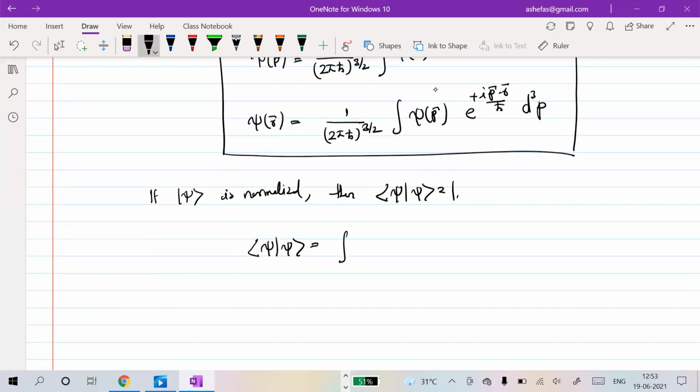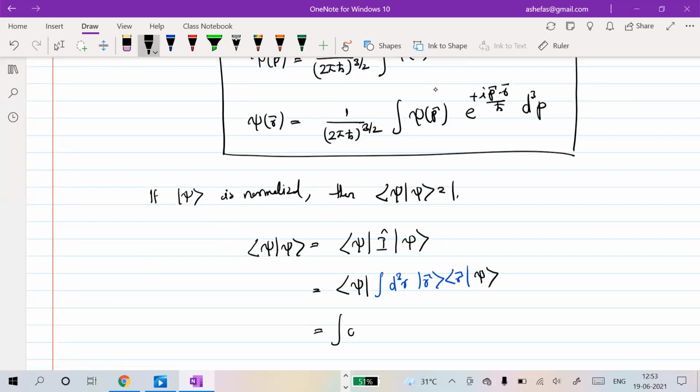So ⟨ψ|ψ⟩ can also be written as ⟨ψ| I |ψ⟩, where this identity can be expressed either in terms of the momentum basis or in terms of the position basis. Suppose we are expressing in terms of position basis, this identity can be written as integral d³r of the outer product |r⟩⟨r|. Then we have a ket ψ on the right side.